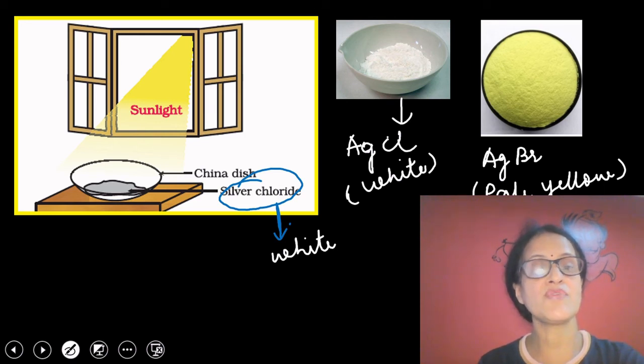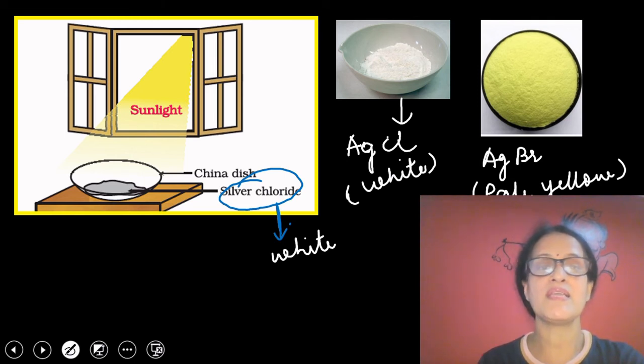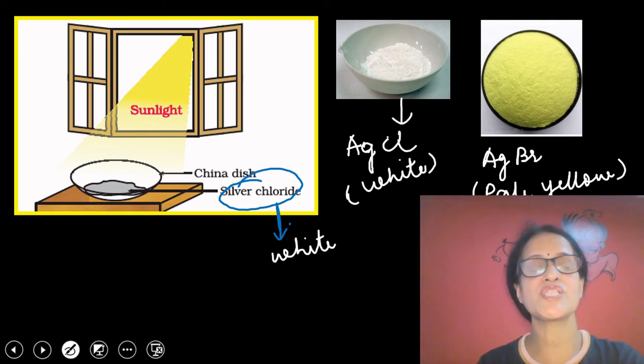In another activity where we have taken pale yellow silver bromide, the color changes from pale yellow to grey. What is happening here? In this activity, silver bromide, which was pale yellow in color, decomposes to grey colored metallic silver.